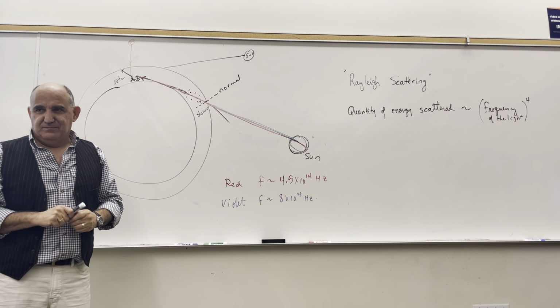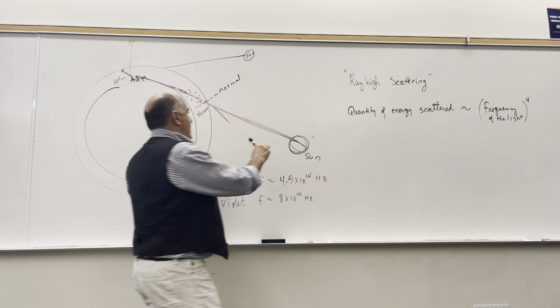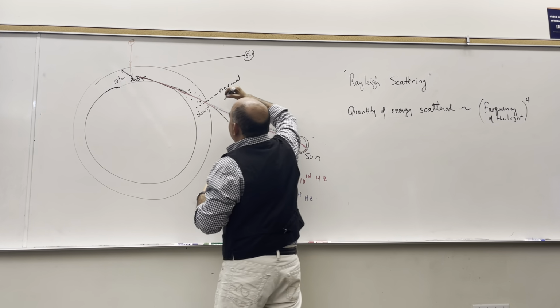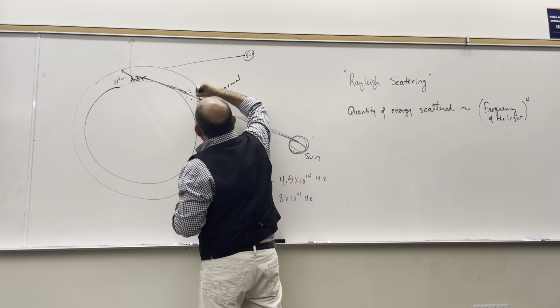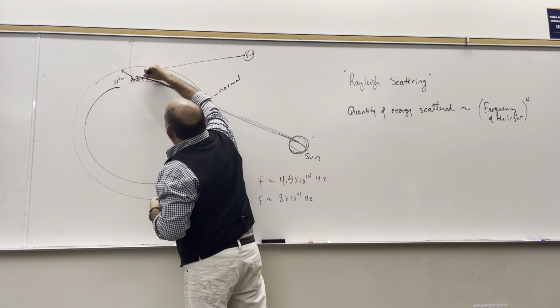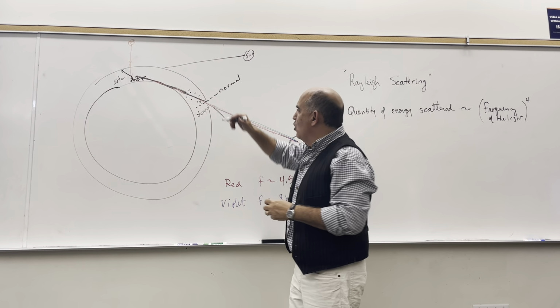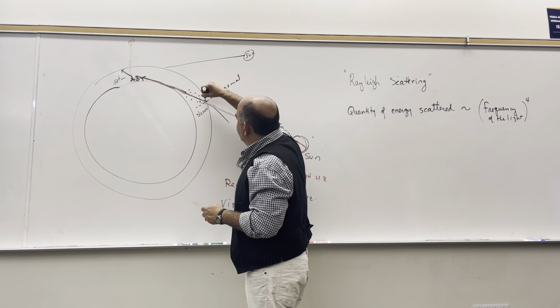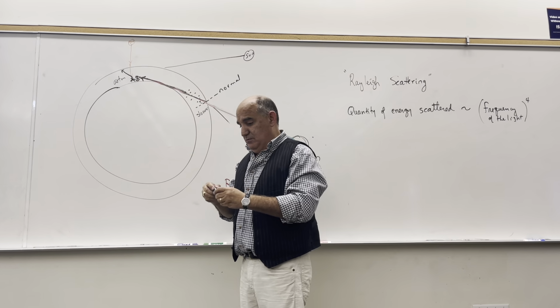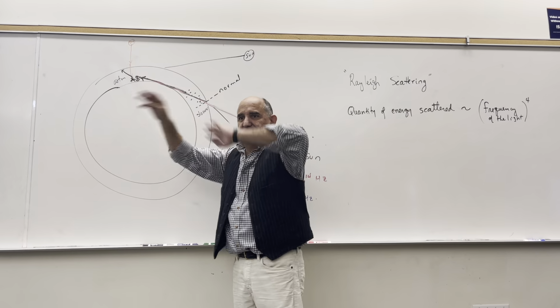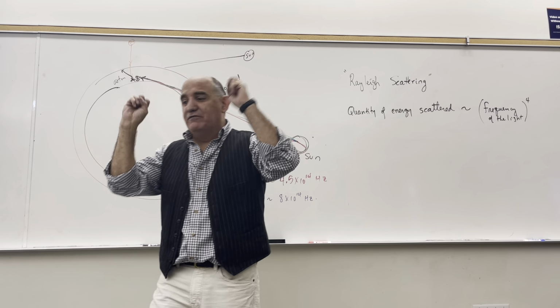Imagine you got the red, the blue, all the colors. When you look at the sunset, the light traverses more of the atmosphere to get to your eyes, because the sun is low in the sky. So which color gets removed the most?